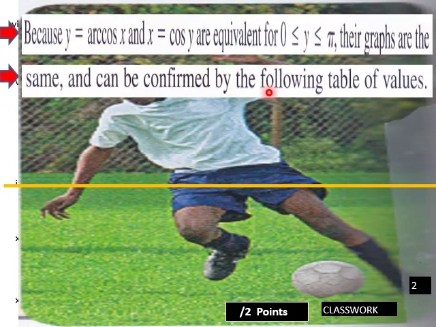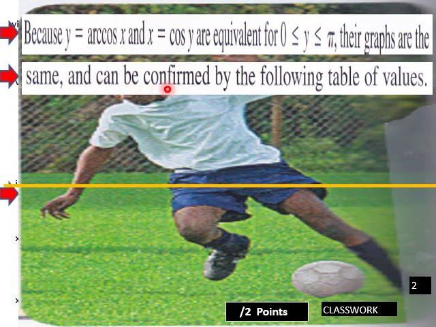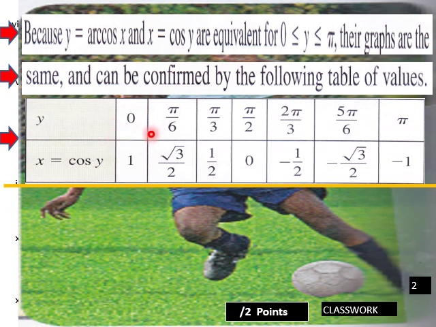Their graphs are the same and can be confirmed by the following table of values. So here's y, then x equals cosine y. In this table, pi over 2 for cosine would be 0. So this proves that they do have the same values in the table, so they are the same graph.